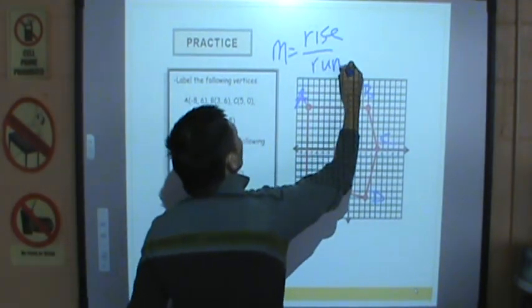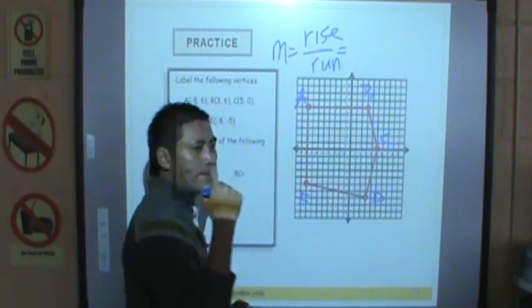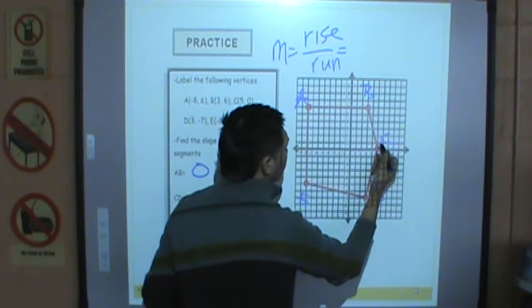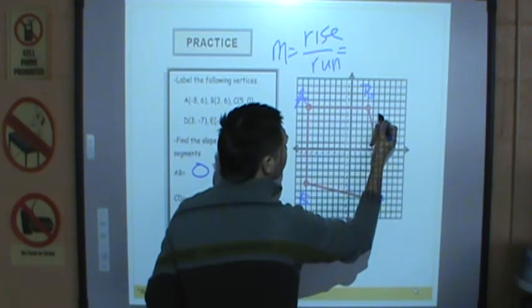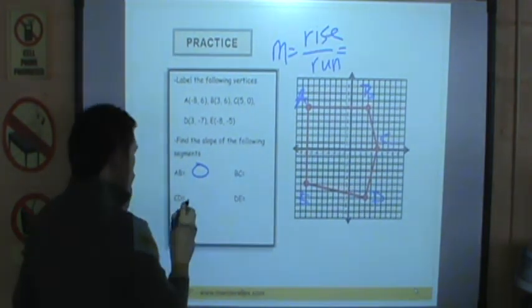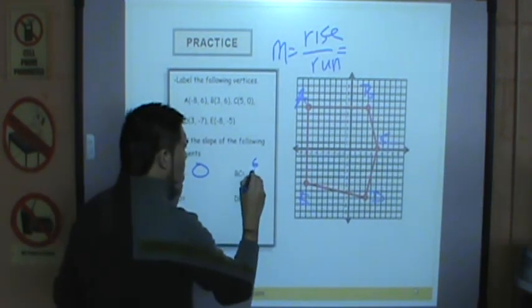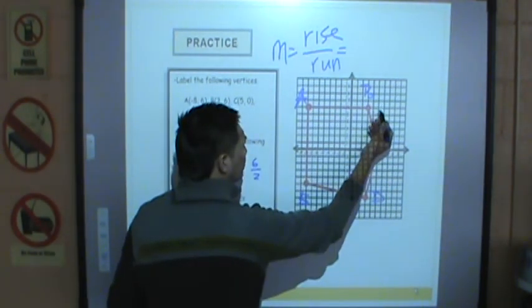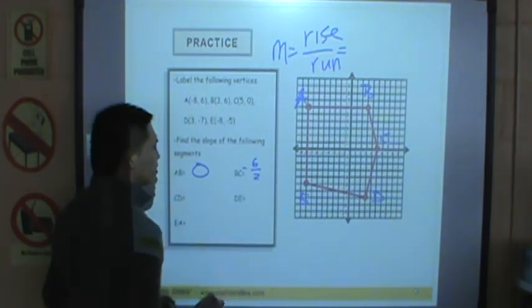You always go up. So that's why we always start from the bottom. So you go up 1, 2, 3, 4, 5, 6, and then 1, 2. So I have 6 over 2. But wait, I went up and then left. That's why it becomes negative.